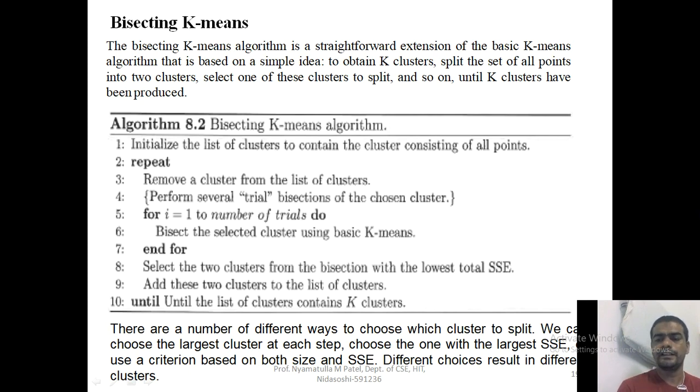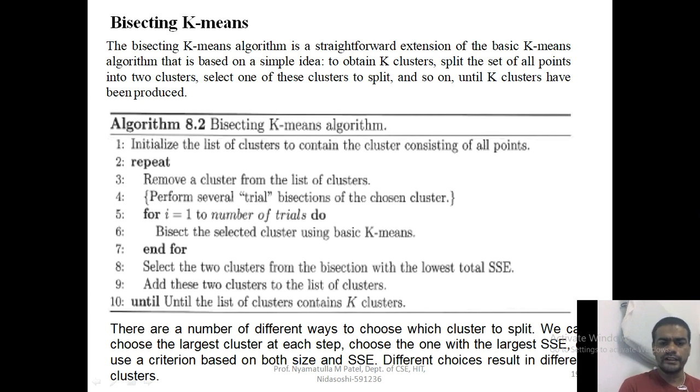Another is to choose the cluster with the largest SSE, the largest sum squared error. Or choose based on a criterion using both size and SSE.